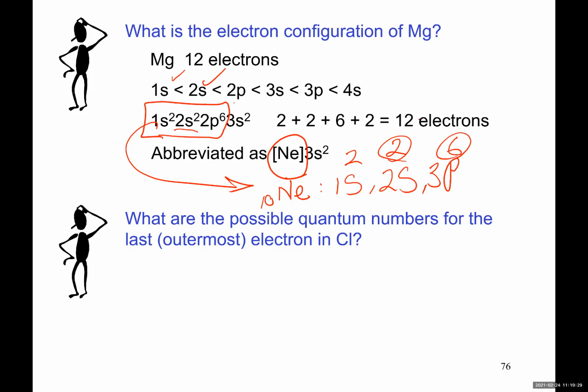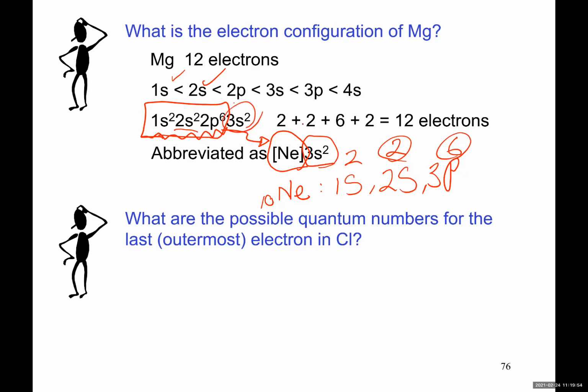So I can replace these 3 by writing the neon configuration, right? Neon inside a bracket. So we are doing shorthand notation. Instead of this, I said neon configuration, and then I write what is left over.